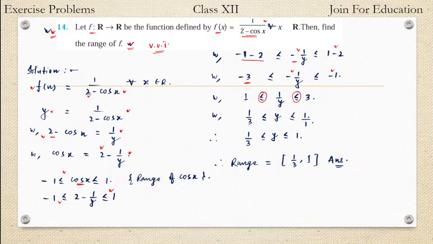So 1 by y is greater than or equal to 1 but less than or equal to 3. Now we take the reciprocal of each term, then we get 1 by 3 is greater than or equal to y but less than or equal to 1. Therefore the closed interval 1 by 3 to 1 is the range of the given function. After that there is no problem to understand the solution of question number 14.